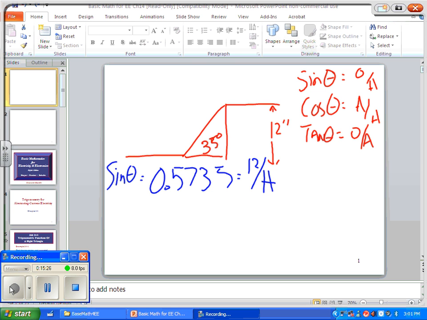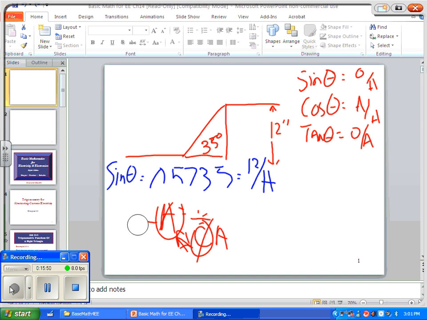Now, you've got to remember that anytime we have a is equal to b over c, we can multiply both sides by c. That'll drop out. And then we'll divide both sides by a. And that'll drop out. And we'll get c is equal to b over a. In other words, we can always just take these two and just exchange them.